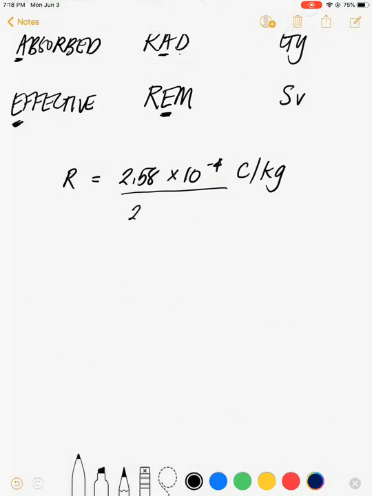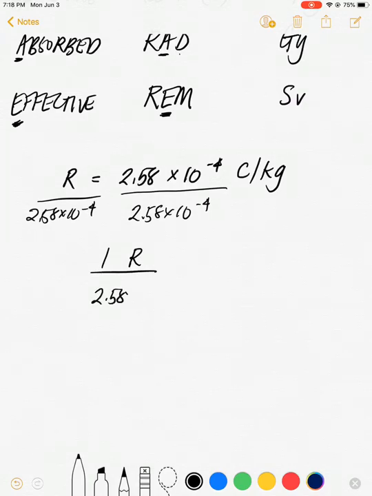So you divide by 2.58 times 10 to the negative fourth. And that's where you get coulombs per kilogram. So as long as you remember the 2.58 times 10 to the negative 4 coulombs per kilogram equals a Röntgen, you should be able to easily find what is a coulombs per kilogram.